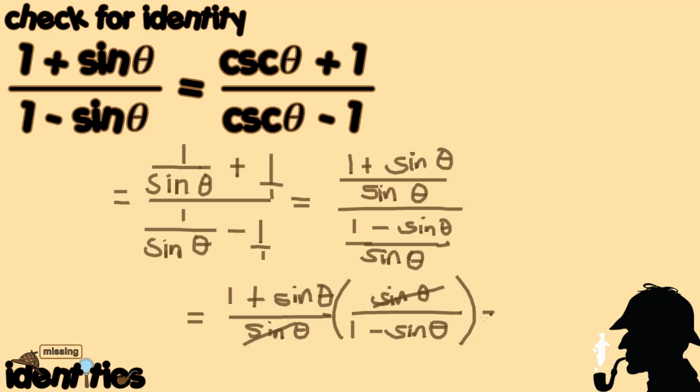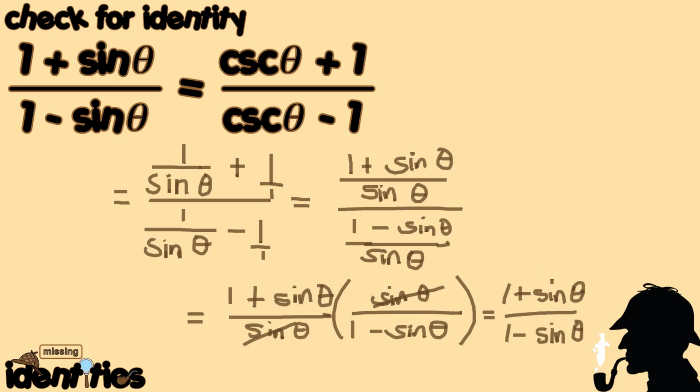So the final expression would be the terms that are left on our expression here. So we have 1 plus sine theta over 1 minus sine theta. Notice anything?